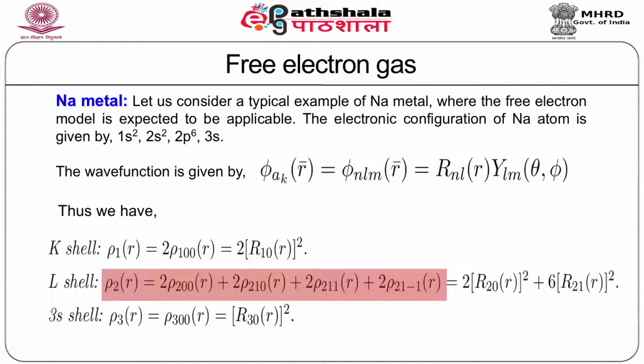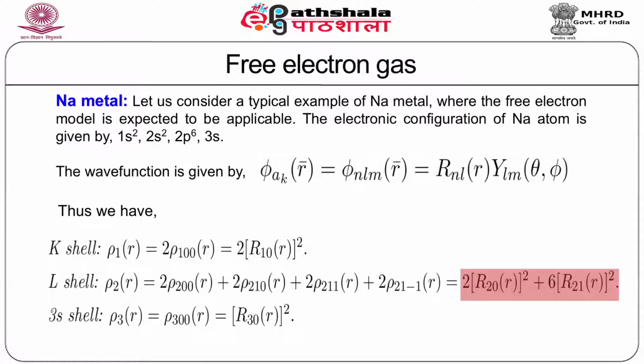These are all the contributions from l equal to 1, for m equal to 0, m equal to 1, and m equal to minus 1. So these are the contributions from the p electrons, and there are 6 p electrons, so the coefficient in front of all of these is 2. So this can be written as 2 times R20 square plus 6 times R21 square.